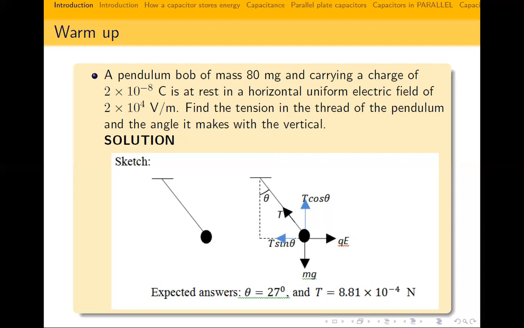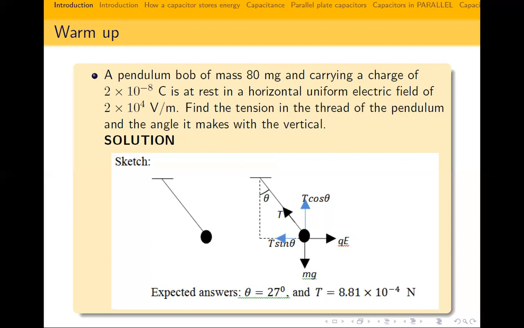So the diagram on the left is just a diagram of the pendulum. You have a small mass that is attached using a string. So obviously you expect that you have a tension in the string, and because the bob has a mass, then the weight of the mass must also be included.